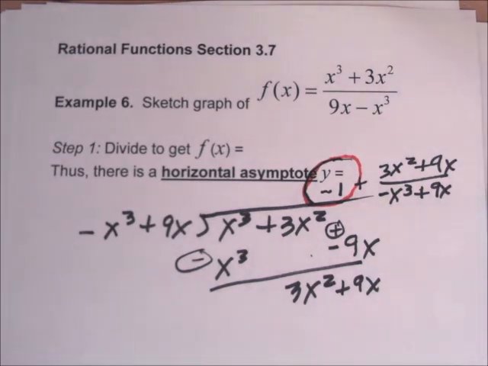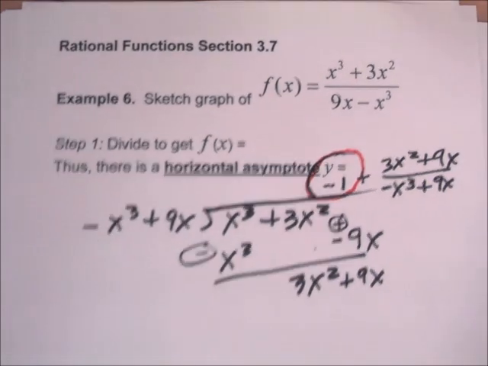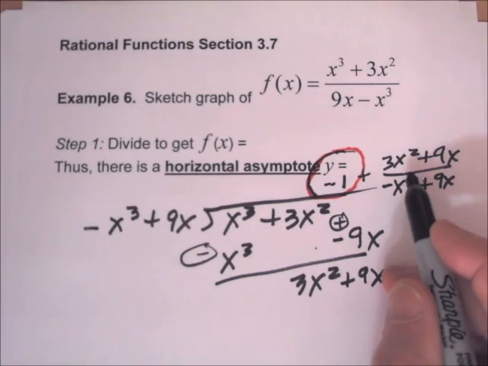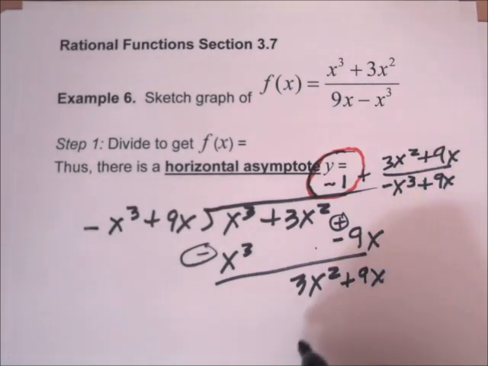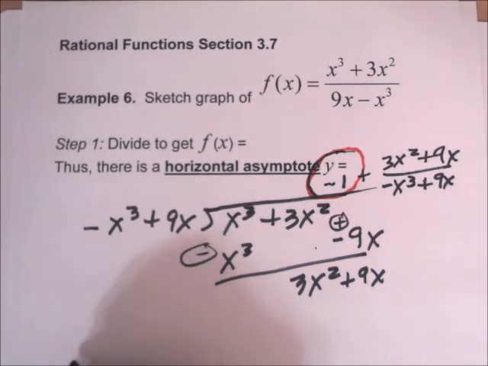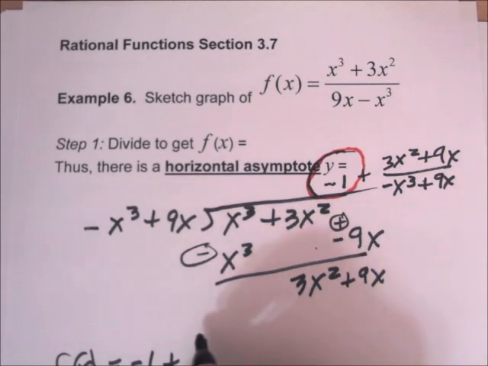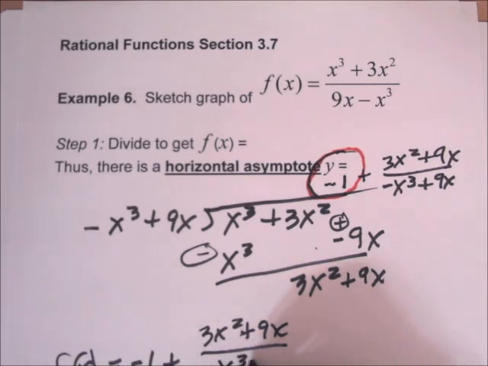we want to factor the numerator to get the other asymptotes. So f of x is going to be negative 1 plus 3x squared plus 9x over negative x cubed plus 9x.